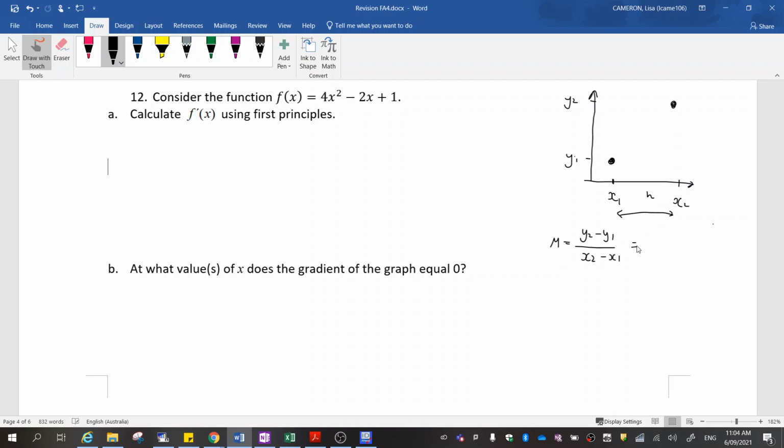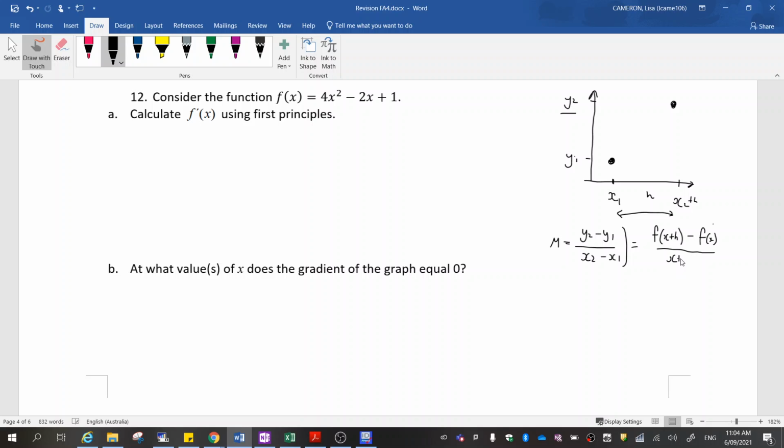So now, instead of representing my average rate of change like this, I can say that y2 is my function of x with a little tiny difference added in, minus my original function of x, all divided by this coordinate here, which now becomes x with a little tiny bit added on.